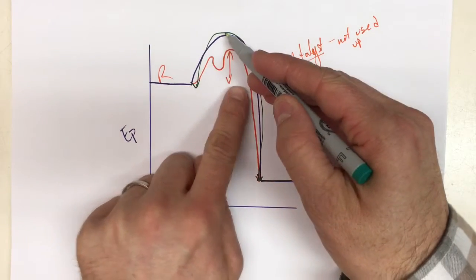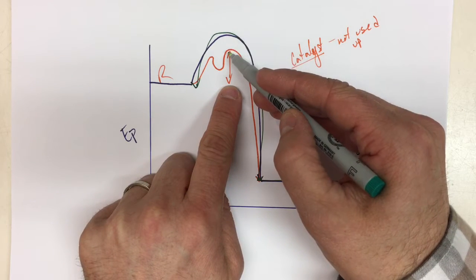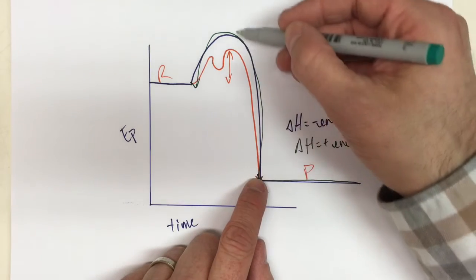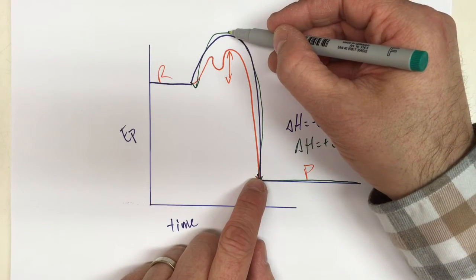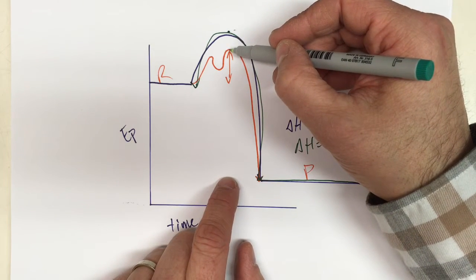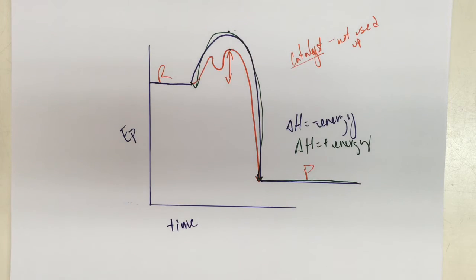Here, the activation energy for the forward reaction uncatalyzed is this. For the catalyzed reaction it is this. Going in the reverse, the uncatalyzed reaction has this activation energy, and the catalyzed activation energy is this. So catalysts speed up the reaction by reducing the energy required to make the reaction occur. They are not used up.